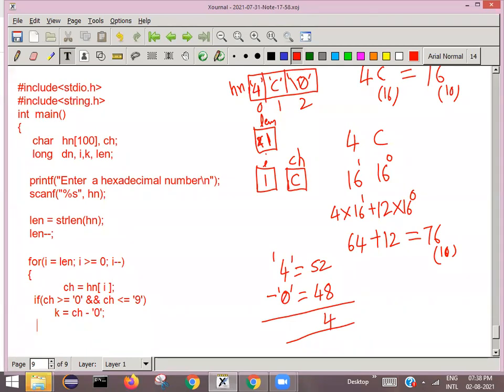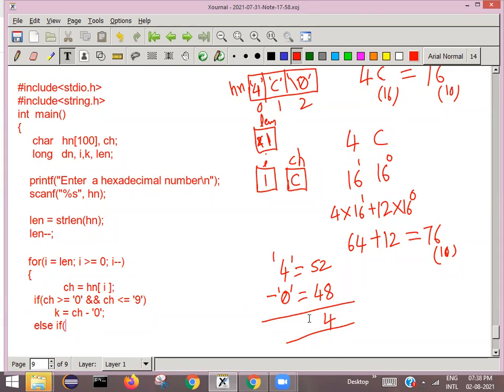Else if it is an alphabet, then we'll think of what we need to do. So what kind of alphabet will we get here? A to F. In between A to F we will get here.